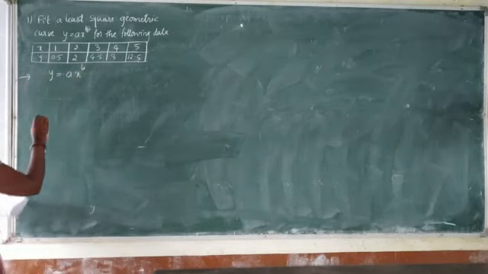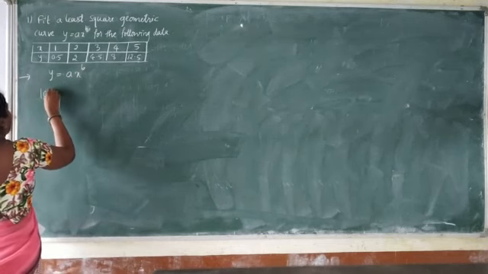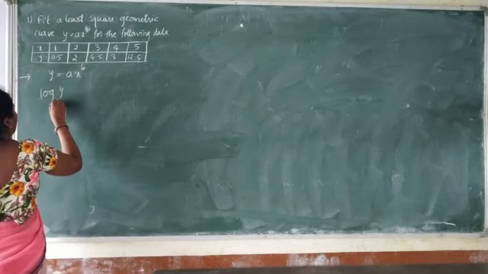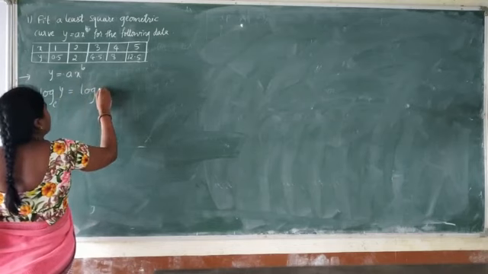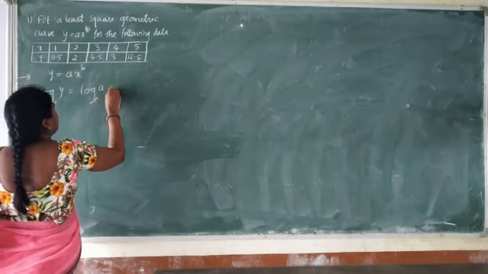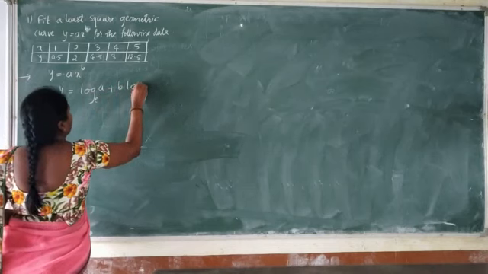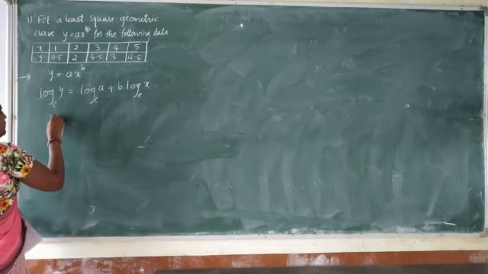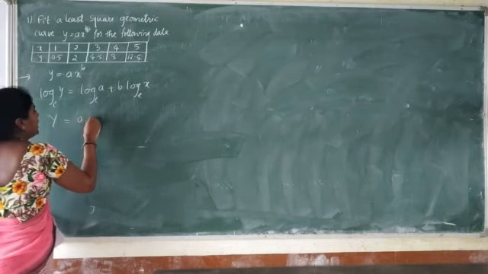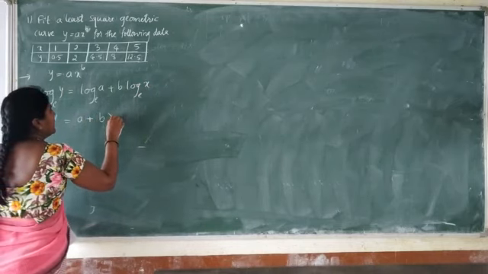After taking log, we write log y to the base e equals log a to the base e plus b into log x to the base e. This is of the form Y equals A plus bX.